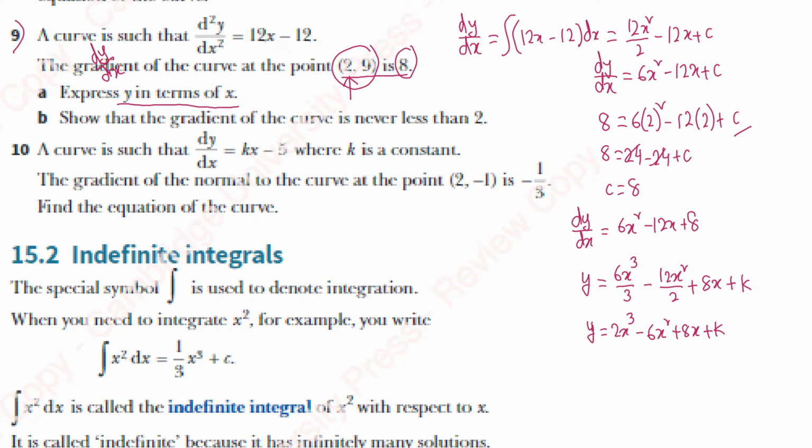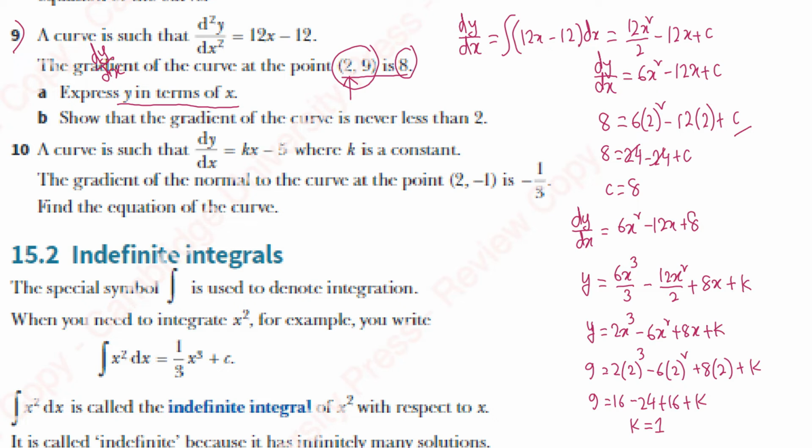So the value of y is 9, the value of x is 2. We are going to put in 2 to the power 3, minus 6 into 2 squared, plus 8 into 2, plus k. So 9 = 16 - 24 + 16 + k. If you calculate from there, you get the value of k = 1.